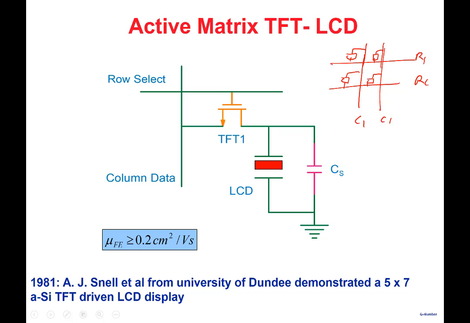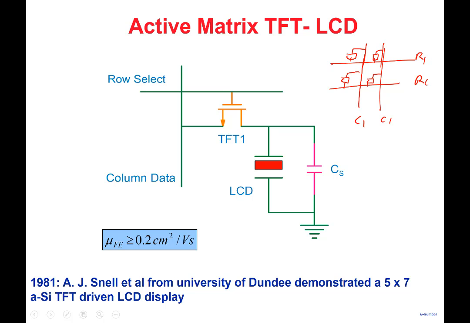As I said, because the material is amorphous, a lot of different materials were tried at that point of time, and most of these materials had problems of reliability. The materials would degrade over time, and finally a reliable material that was found was silicon itself.